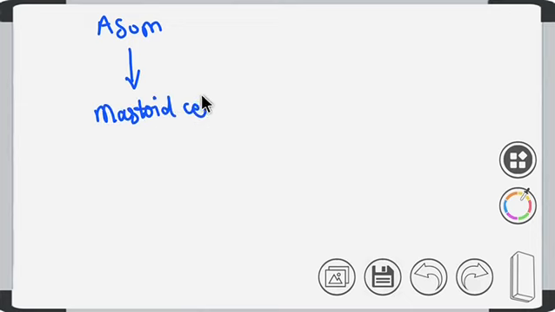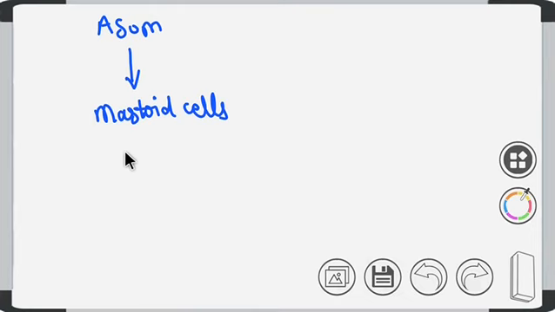Let's try to understand this in detail. Why is there mastoiditis? Initially there will be ASOM, or acute suppurative otitis media. This infection will spread to the mastoid air cells.